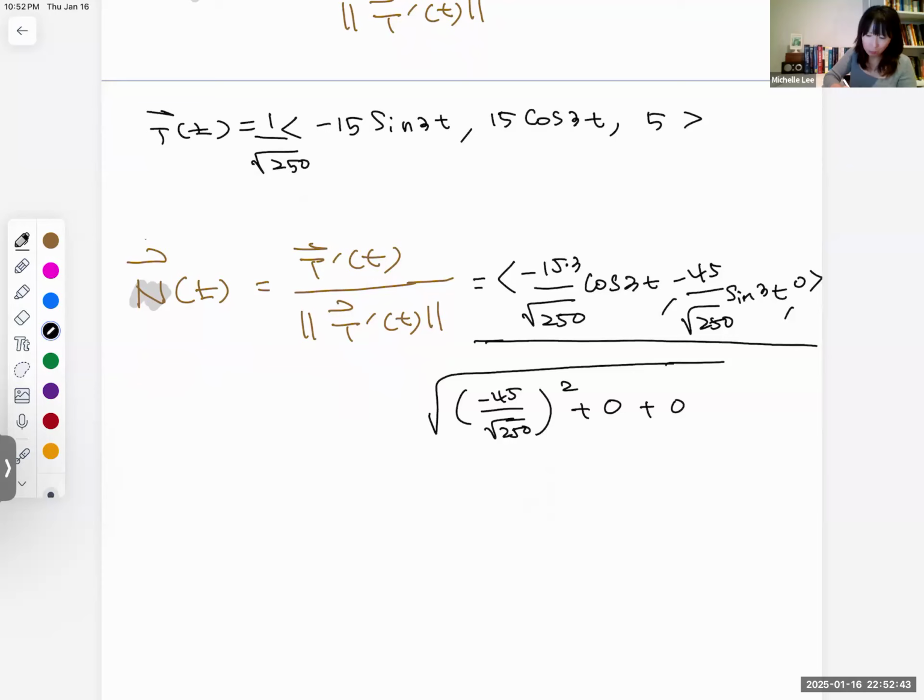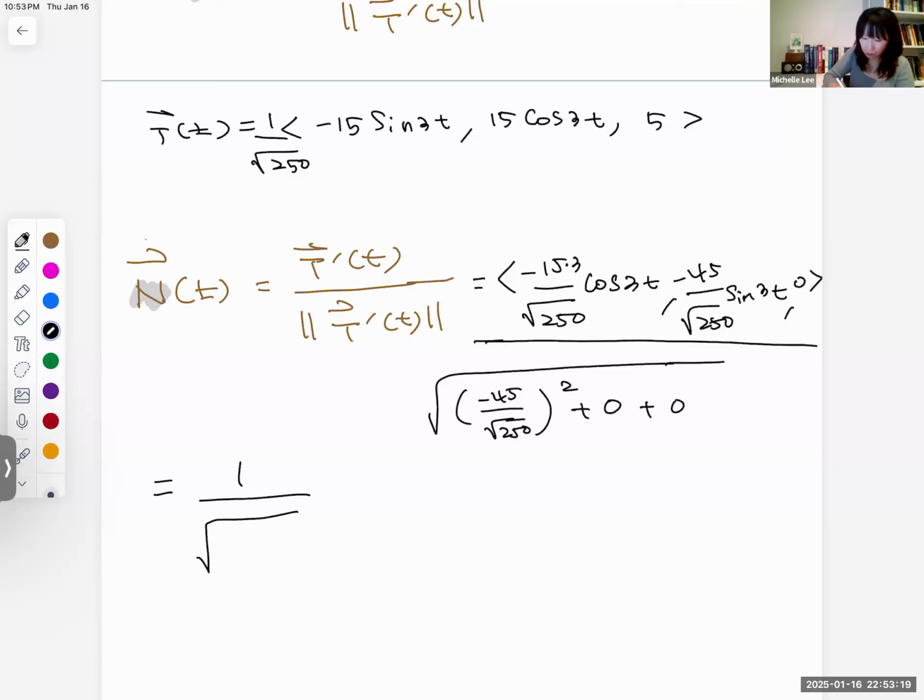The denominator has 45 squared, right? So 45 squared, which is 2025. Okay, so we have 1 over 2025 over 250.